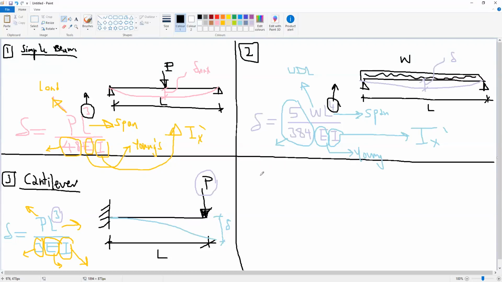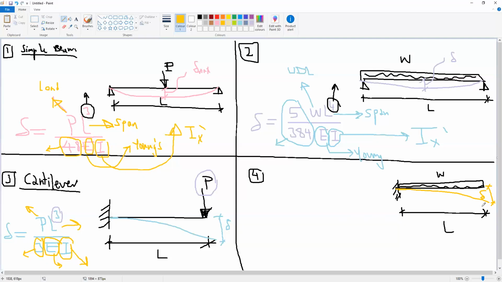The next case is also a cantilever, but with a uniform load W. If we have a cantilever beam with uniform load W and span L, the deflected shape is like the previous case.